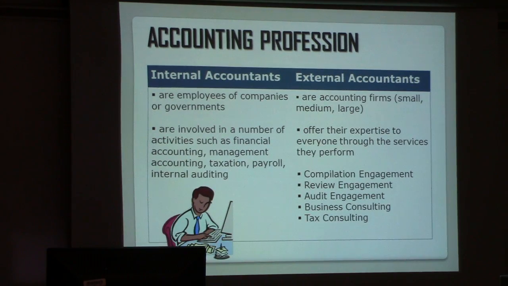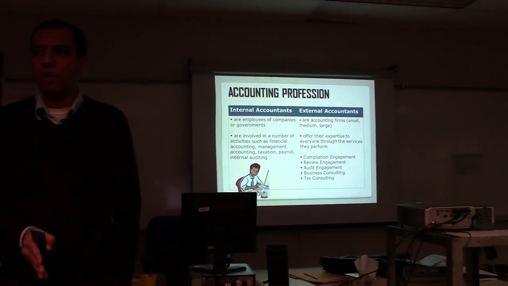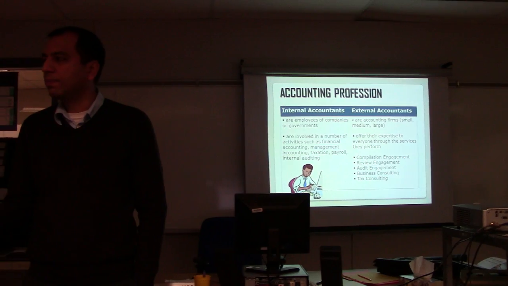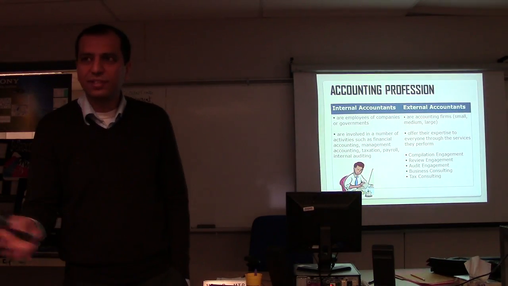They offer compilation engagements, review engagements, audit engagements, consulting, and then there is tax consulting, which is a very specialized area. So these are external accounting services, external to the company that you own or the company that you work for. Does that make sense?